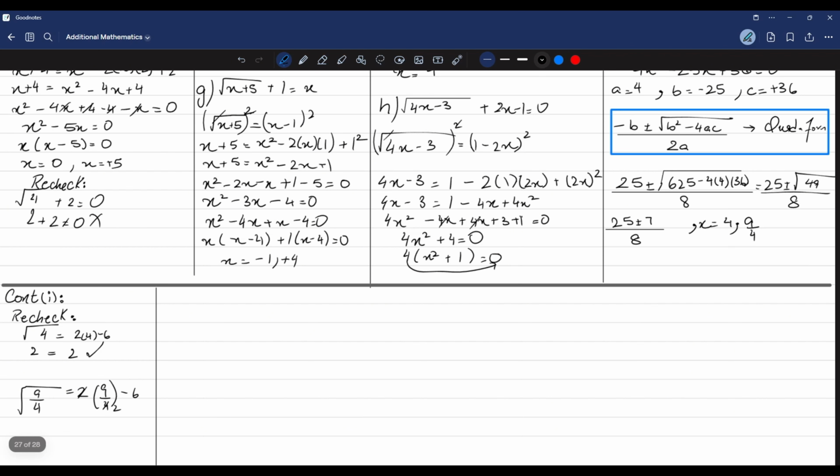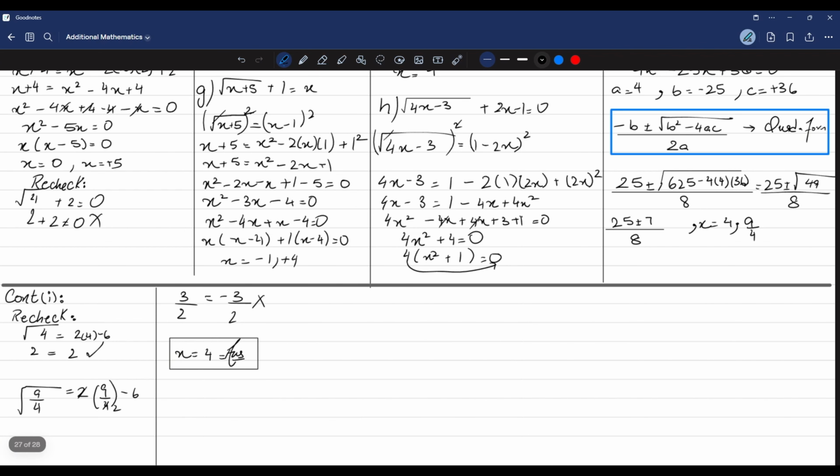Let's put this into the calculator. For the first part, under root 9 over 4 is obviously 3 over 2, and the second part is negative 3 over 2. Obviously, these two values are not equal, so this is incorrect. So the only answer for this part is x equals 4. x equals 4 is your answer for this part I.